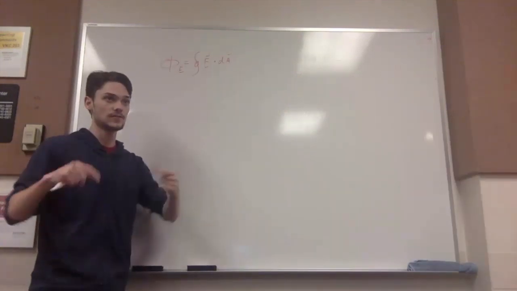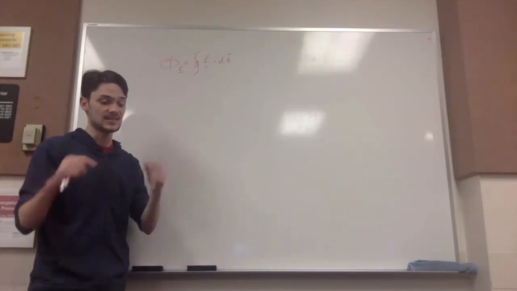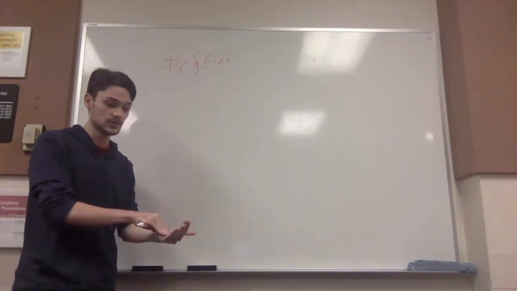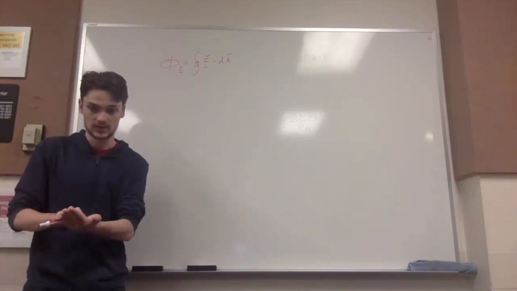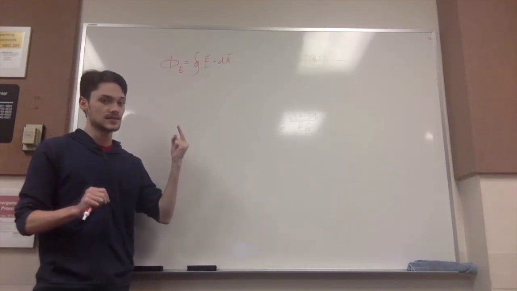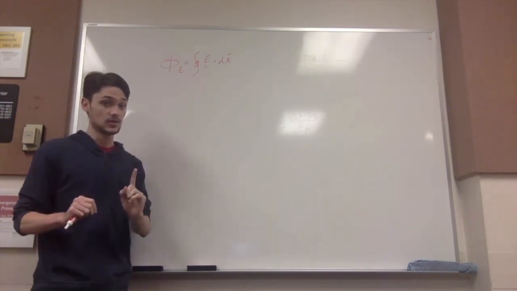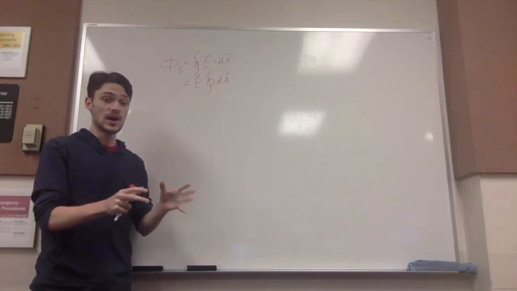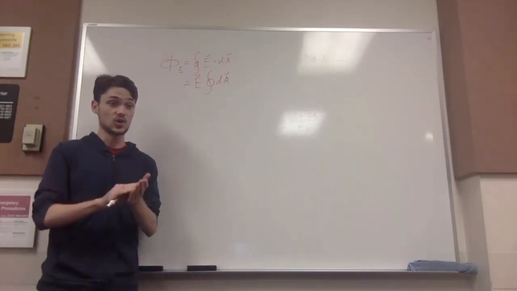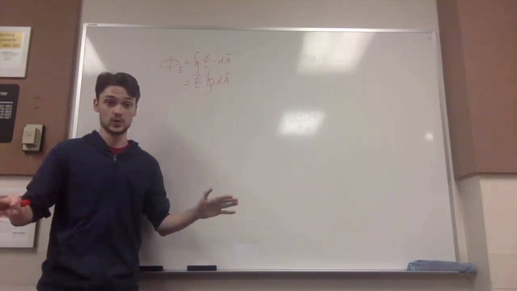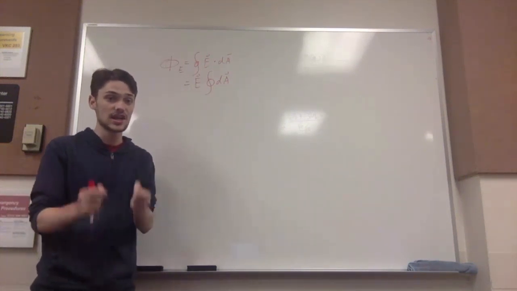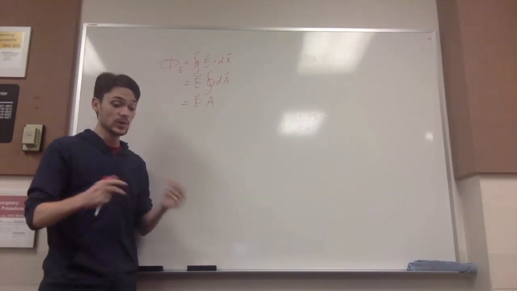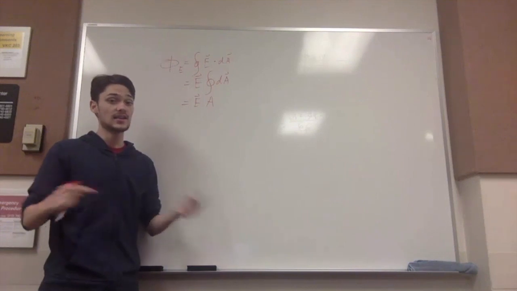So we already know that the flux in an object is equal to the integral of the dot product of the electric field vectors and the area vectors. But we're going to make this a closed integral. Now here's what we can do. Since this thing is symmetrical, we know that the electric field is going to be equal everywhere, so there is no change in the electric field. And since this thing is boundless, we know that the area is going to be constant.